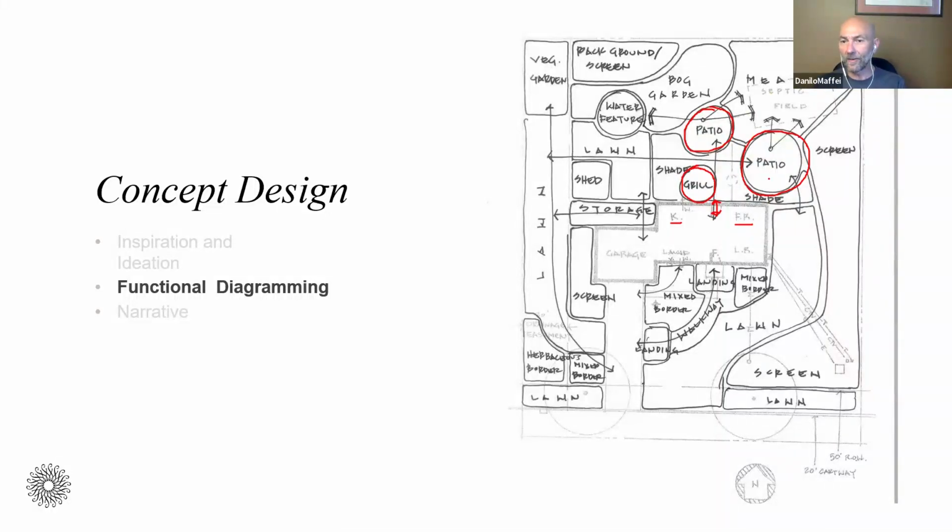Also looking at our site analysis, which I've omitted for clarity's sake here, but we also knew that out in here, we had some good views here and we had some bad views over here, didn't we? So we thought about that. It's like, okay, what if we had a screen here that blocked views of that bad view, and that we kind of turn people's heads and we had them looking out into this direction.